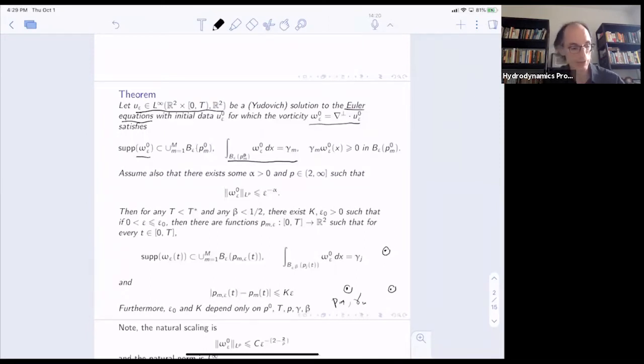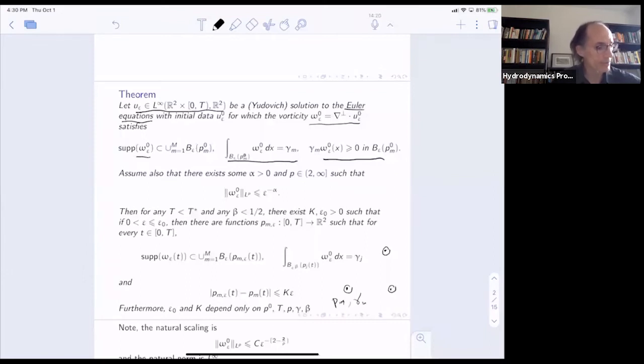If gamma_m is negative, then the vorticity is non-positive in that ball. So the vorticity doesn't change sign within any ball. That specifies a sense in which the initial vorticity is close to being a sum of point masses, a sum of delta functions, of mass gamma_l at the points P_l0.